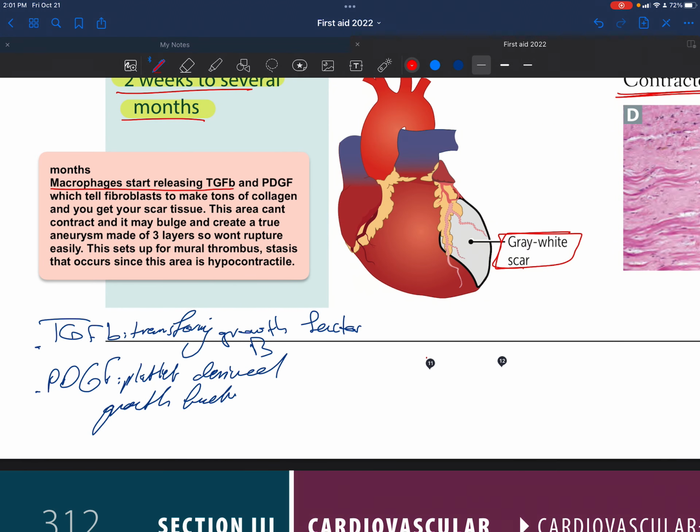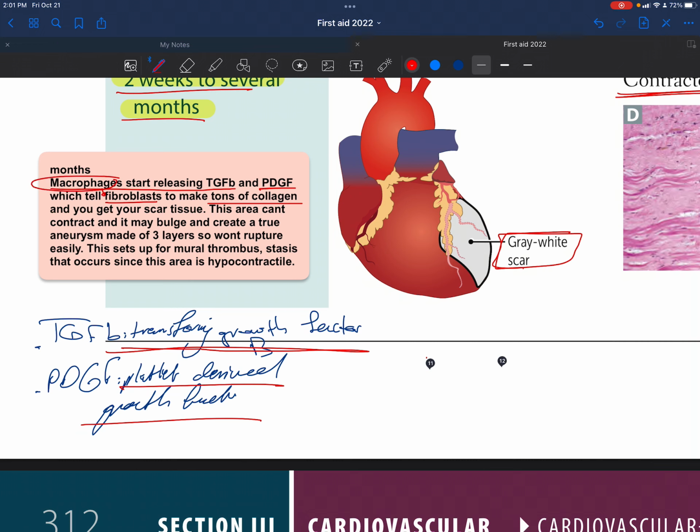For the details here, the macrophages start releasing some cytokines, let's say. It's the transforming growth factor beta, and also platelet-derived growth factor, which tells the fibroblasts to make tons of collagen.